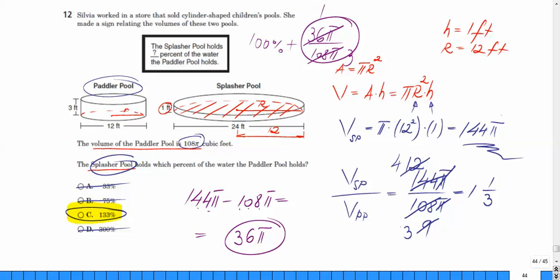That may be the case most often, but every once in a while the numerator will be greater than your denominator, which will give you a percentage greater than 100. So keep in mind here, because the paddler pool was my reference pool, the splasher pool being larger, it should give me more than 100% of the paddler pool. Make sense? All right, thank you guys, this is it.